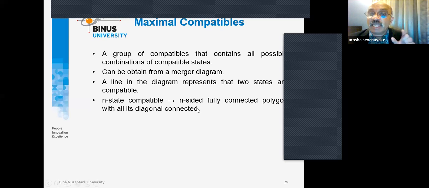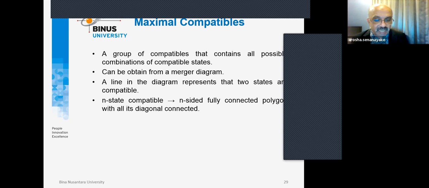It says very clearly: an n-sided, fully connected polygon with all its diagonals connected. For example, if you have a rectangle, how many diagonals do we have? Two diagonals, so both must be connected. Fully connected. Then we get an n-state compatible. So the idea is very clear.